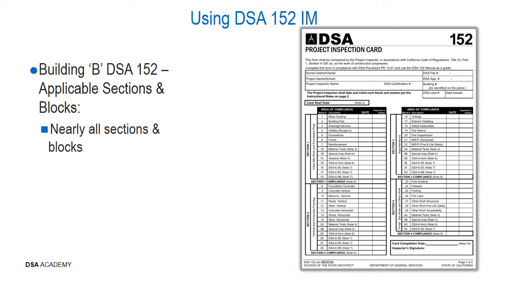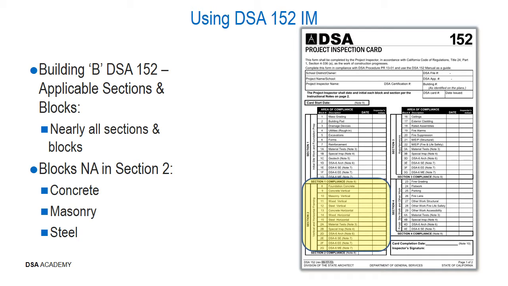Now let's take a look at building B and what the applicable blocks and sections are in the 152 card. Because this one is new construction, nearly all sections and blocks are going to apply, so it's probably easier for me to just identify which blocks are not applicable, and those would be primarily in section 2, and that would be some of the items for concrete, masonry, and steel.